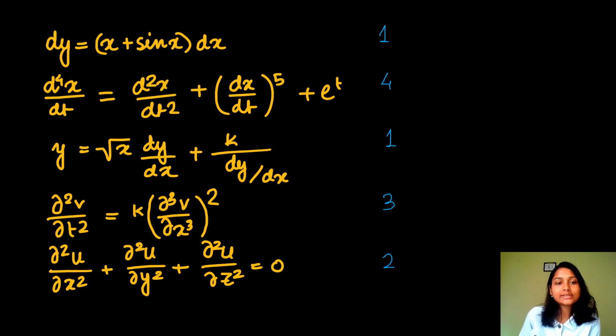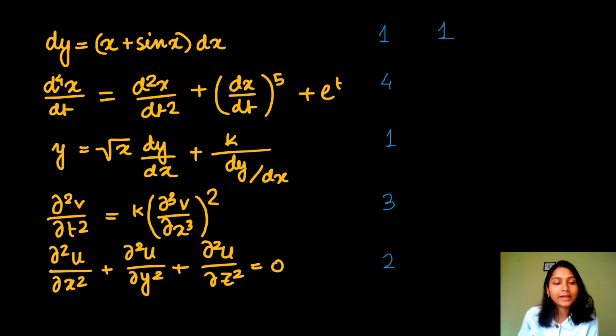For this, dy dx can be expressed as dy dx equals x plus sin x. So the highest order derivative dy dx has power 1, no problem, and it is free from radicals and fractions, and expressed as a polynomial in the derivative and the dependent variable y. So it should be 1.